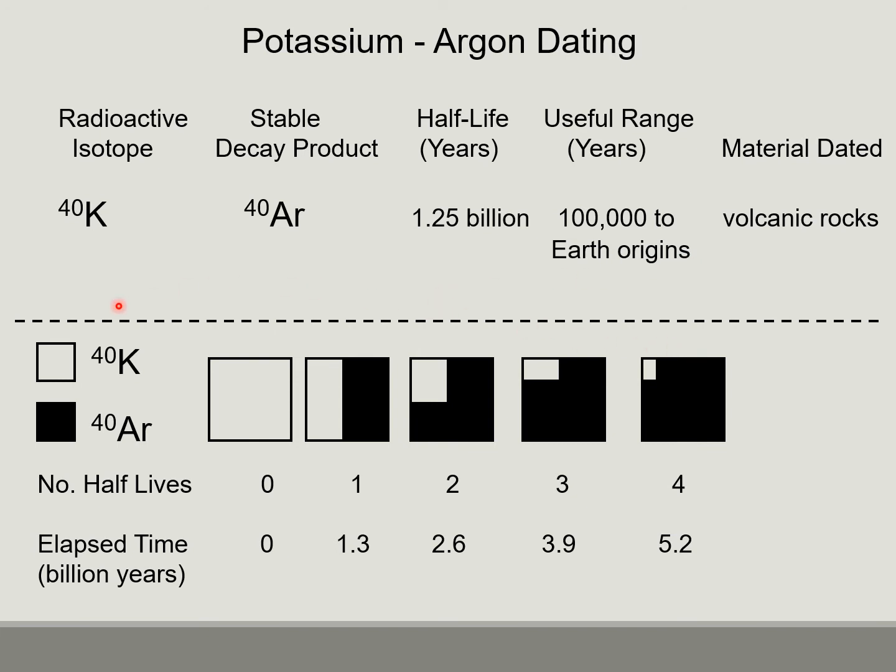And here is just a graphical representation of the parent isotope decaying over time by half, right? And you can see the number of half-lives that have elapsed, the number of associated years with that, in this case in billions of years. And so if we can measure this using our mass spectrometer, we can infer the numeric age.